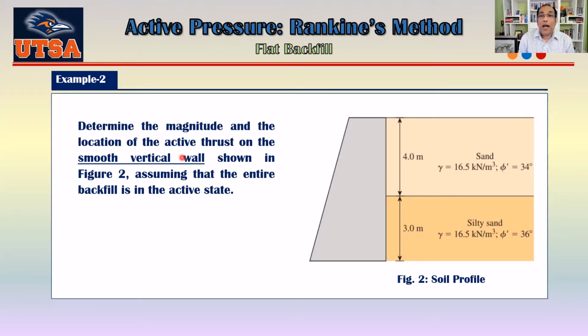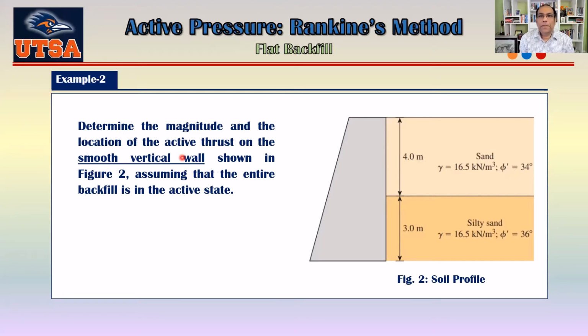On the other hand, Coulomb's method assumes that there is friction between the soil and the wall. If they say smooth vertical wall, then you have to follow Rankine's method. If they don't say that and they give you a frictional angle there, then you have to follow Coulomb's method. Now let's go to the board and try to solve that one there.